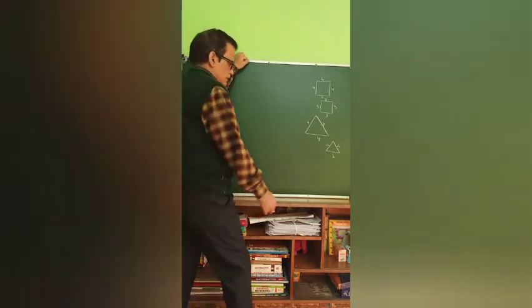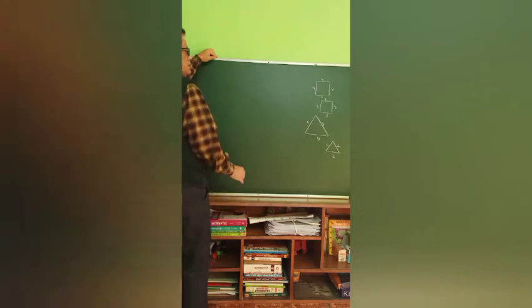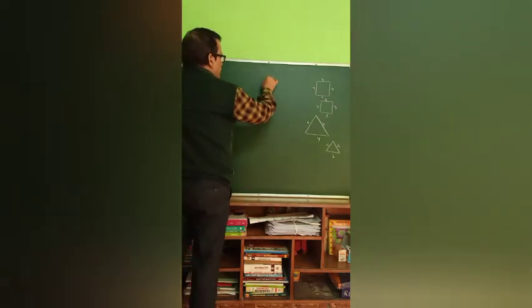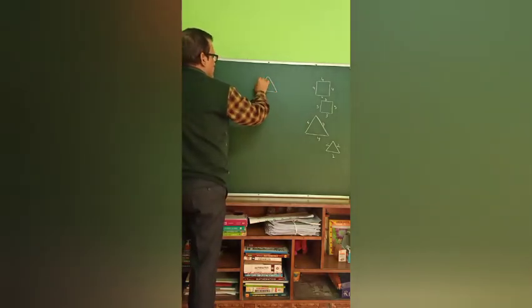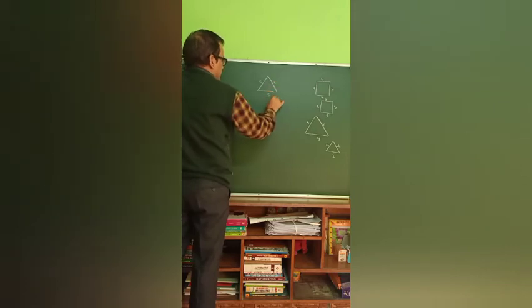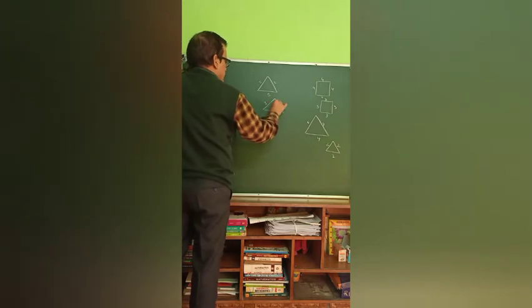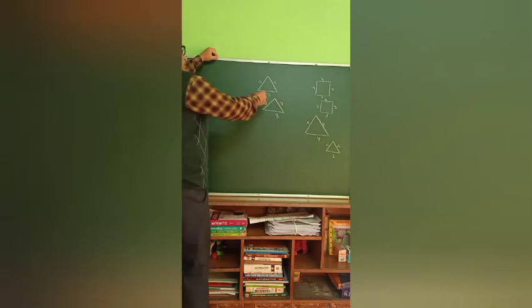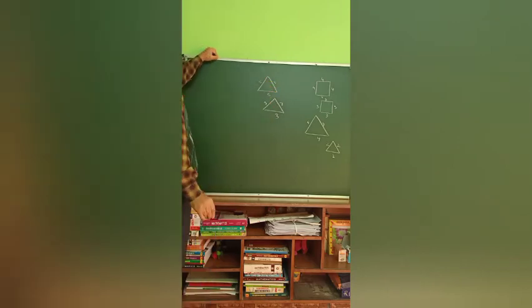Now, what is the difference between congruence and similarity? Congruent figures can be similar, but similar figures cannot be congruent. Have a look. If I have an equilateral triangle of 3 centimeter, 3 centimeter, 3 centimeter, and another equilateral triangle also 3 centimeter, 3 centimeter, 3 centimeter, they are of the same shape and size, so they are congruent as well as similar.